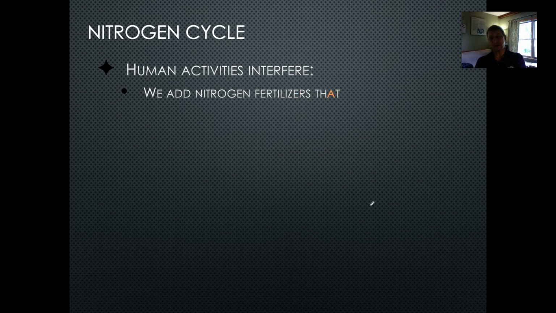And these nitrogen based fertilizers oftentimes will simply run off of the farmer's field into streams and rivers and lakes. And this causes problems because it causes what we call eutrophication.